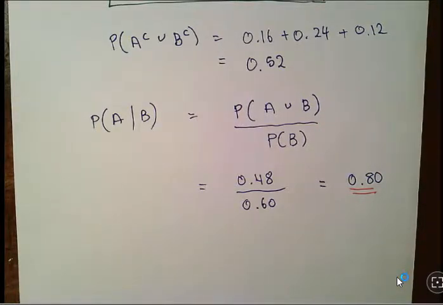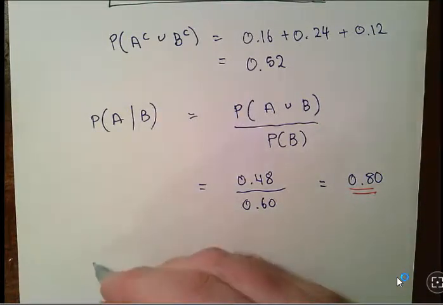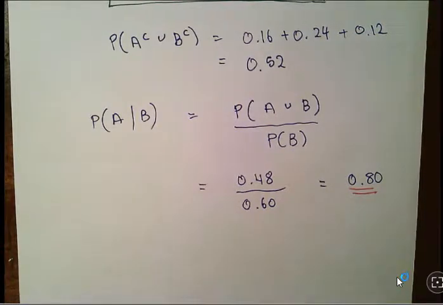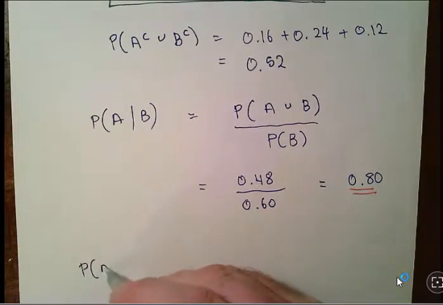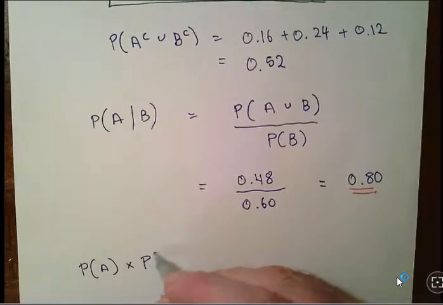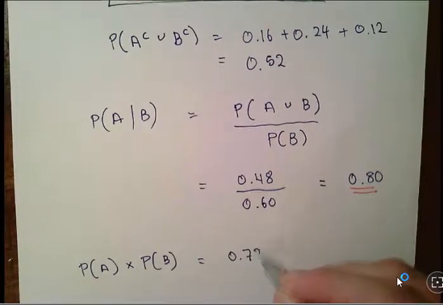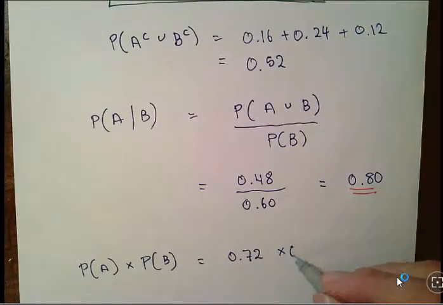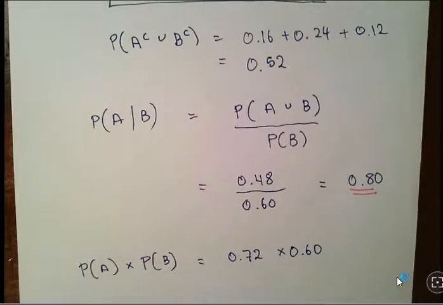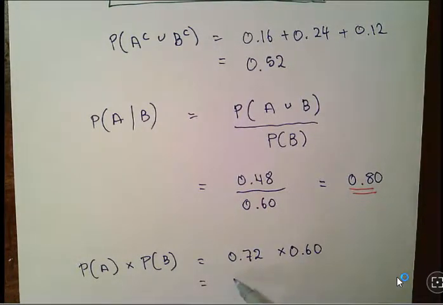Now, finally, are A and B independent? What we have to do here is multiply the probability of A times the probability of B. That is 0.72 by 0.60. Working that out, that is 0.432.